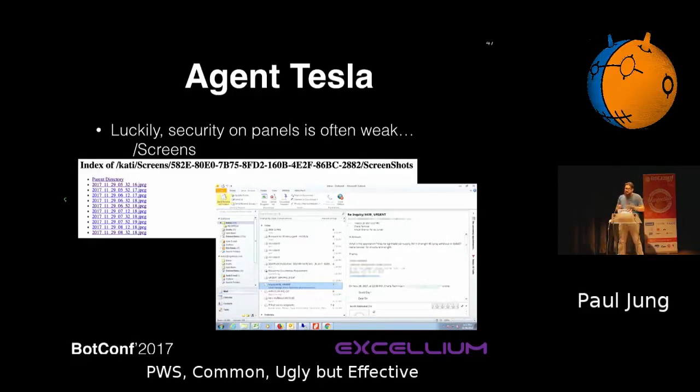This is only a small issue in Agent Tesla, but you have other keyloggers, for example, Keybase, which is vulnerable to mostly everything. You may arbitrarily upload files, you may have SQL injection. Well, the quality is not there.